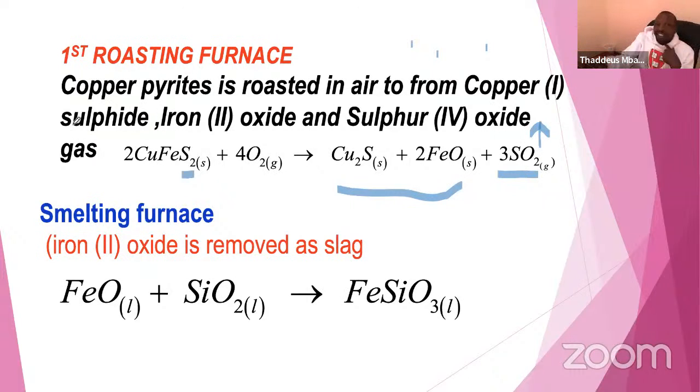The sulfur 4 oxide escapes, rather is taken to the contact process to manufacture sulfuric acid. After that, the sulfur 4 oxide is lost. We remain with iron 2 oxide and copper 1 sulfide. Now, the iron 2 oxide is reacted with silica in the smelting furnace to form iron 2 silicate, which is removed as slag. So with the sulfur oxide and the iron 2 oxide gone, we are remaining with what? Copper 1 sulfide.